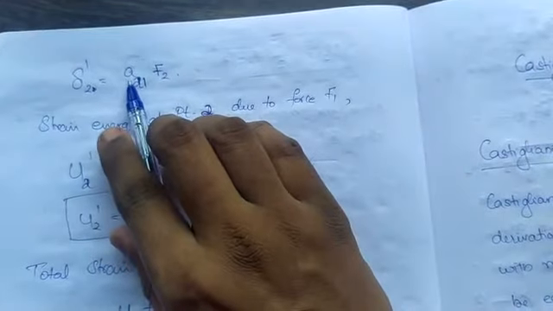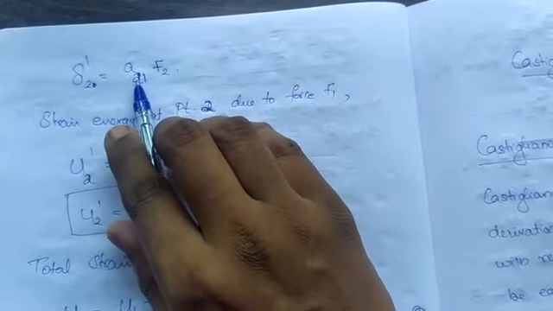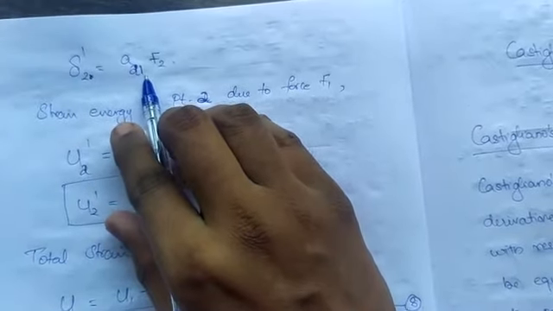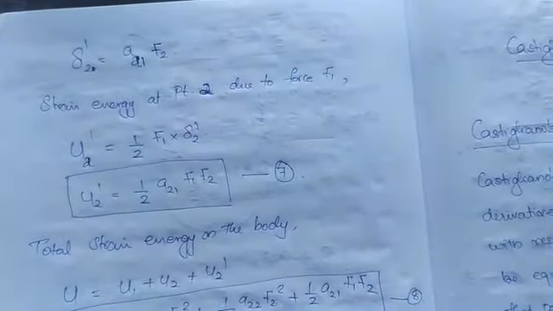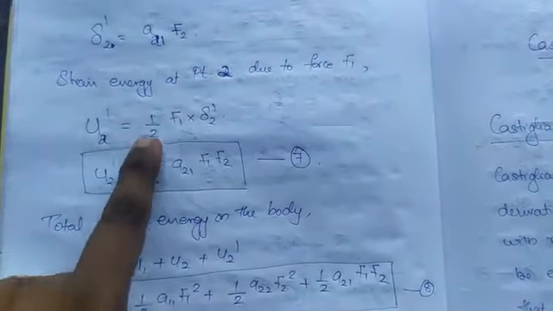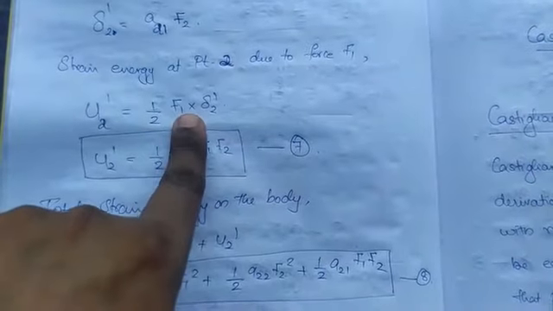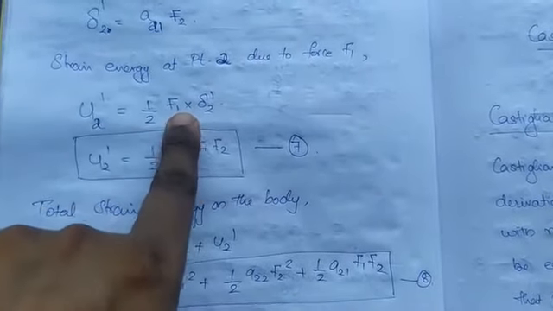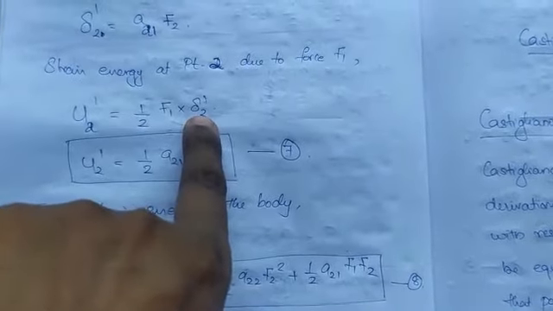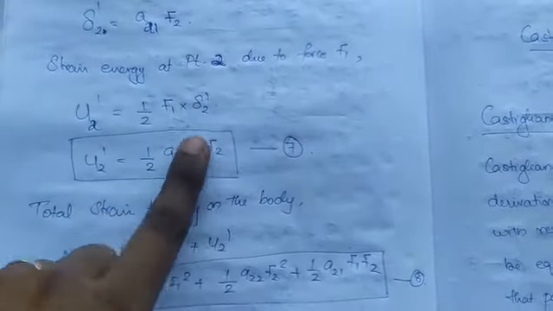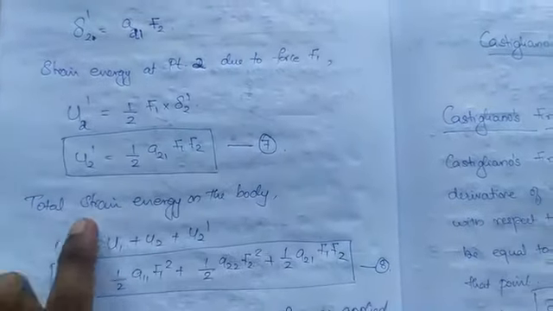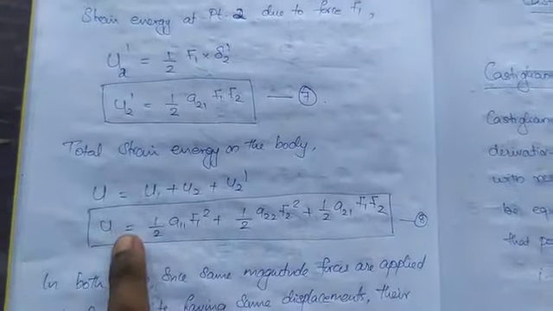That means the influence coefficient of displacement at point 2 due to the force at point 1. Then the strain energy of that term becomes U2 dash is equal to 1 by 2 F1 into delta 2 dash, since the force is applied at point 1, that is F1, and the displacement is at point 2. U2 dash becomes 1 by 2 A21 F1 F2. Now the total strain energy of the body will become this one.